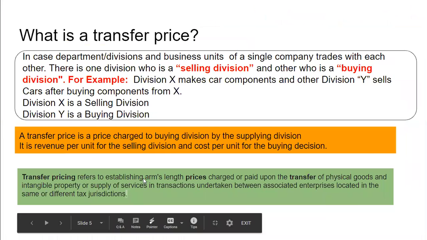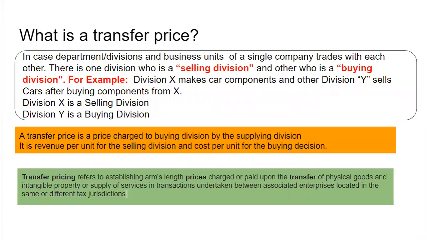about this transfer price referred to as establishing an arm's length price. That is a price charged in the open market. The buyer would just get what is available in the external market from the seller, and the seller should charge the buyer, or the buyer should be able to pay the seller, such that the seller is at no disadvantage.